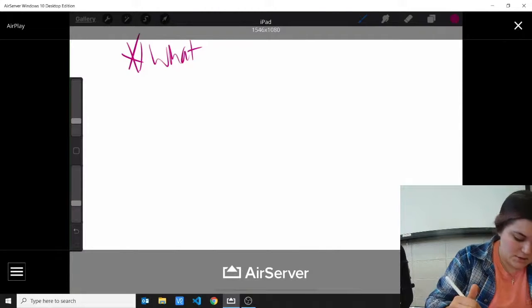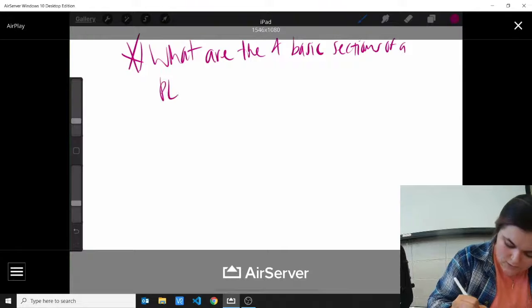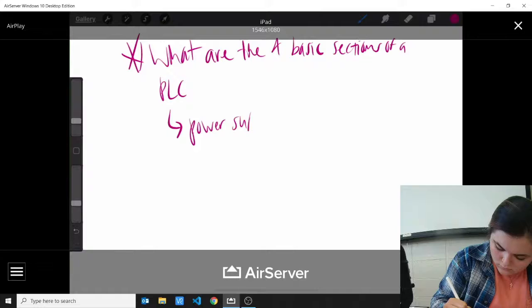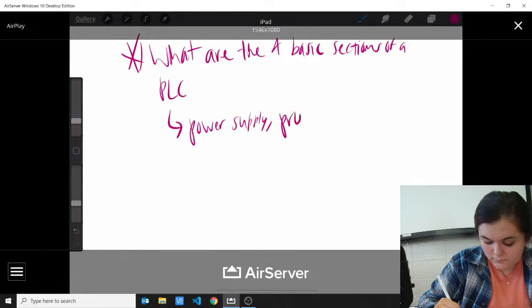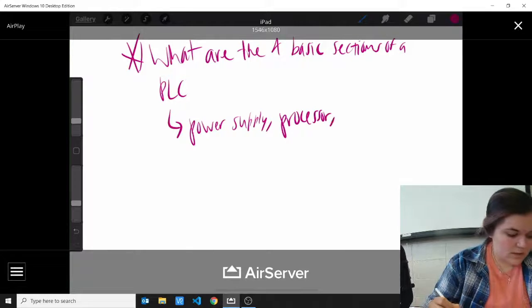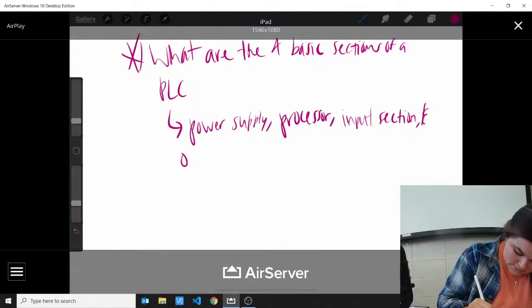So, when this question is asked, your answer would be: power supply. And remember this because it will be on the test. Power supply, processor, input section, and output section. Cool?